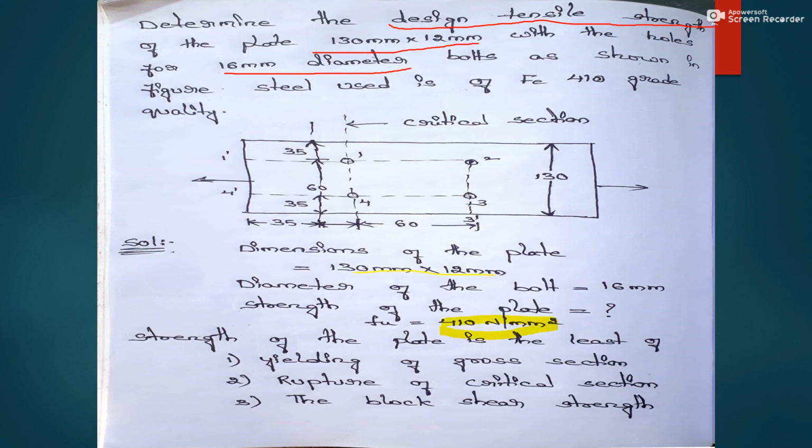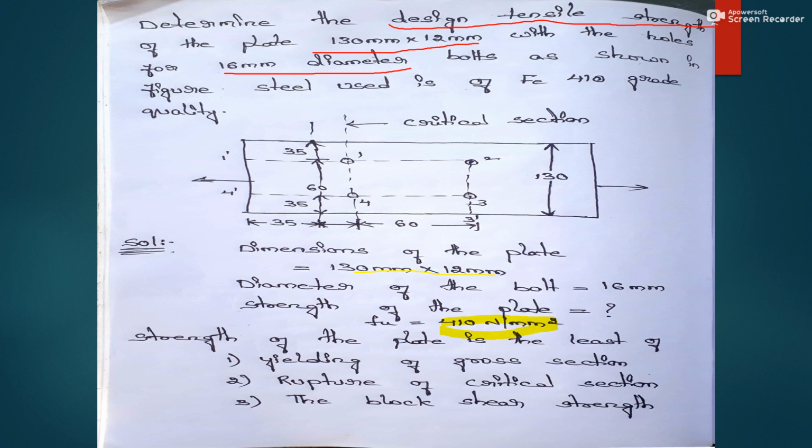So to find the design tensile strength we need to solve three different processes. So we need to calculate the yielding of gross section, rupture of critical section, the block shear strength.